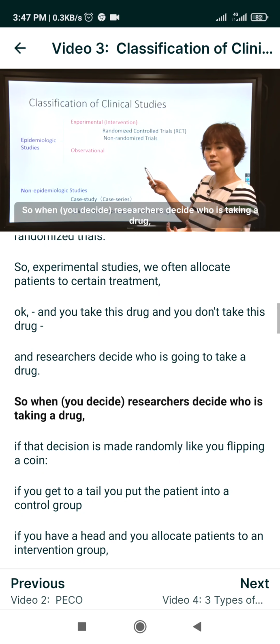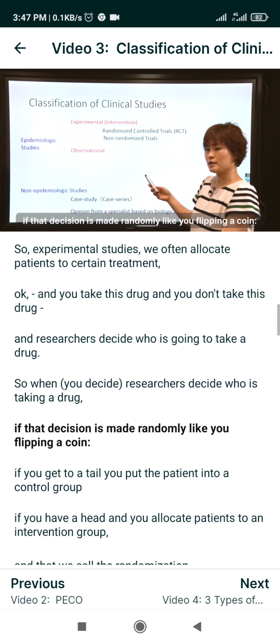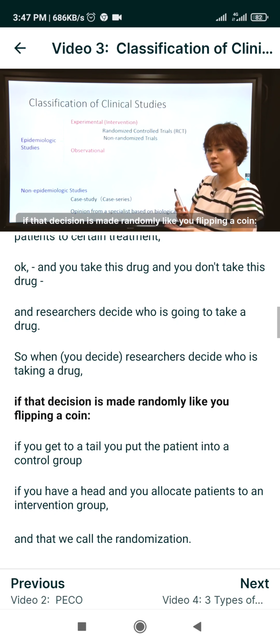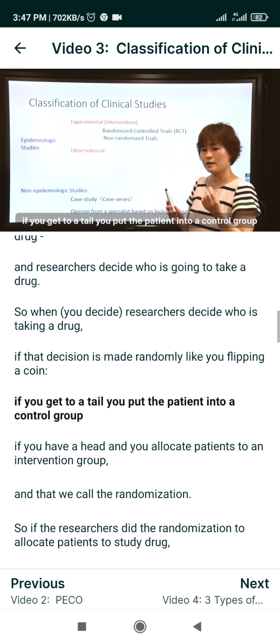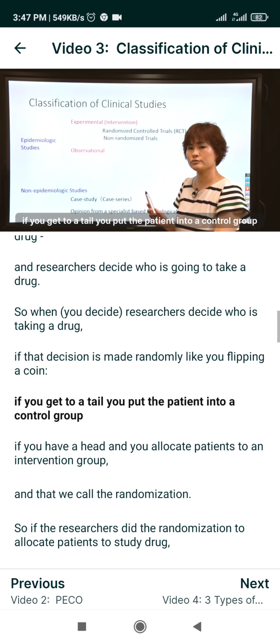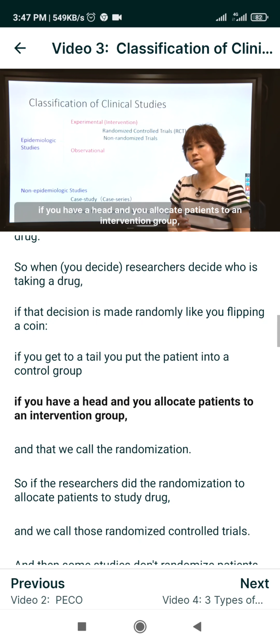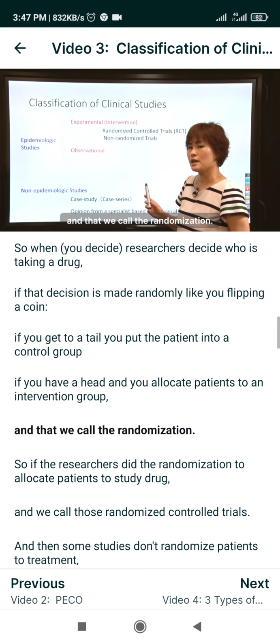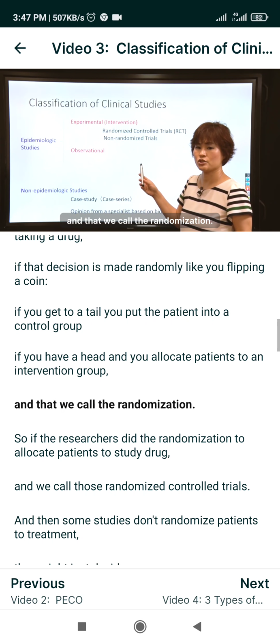When researchers decide who is taking a drug, if that decision is made randomly, like flipping a coin, and if you get the tail, you put the patient into a control group. If you have a head, you allocate the patient to an intervention group, and that we call randomization.